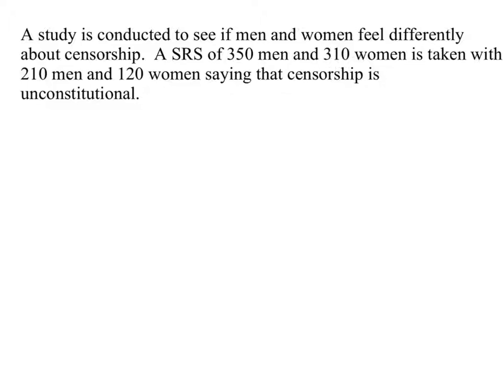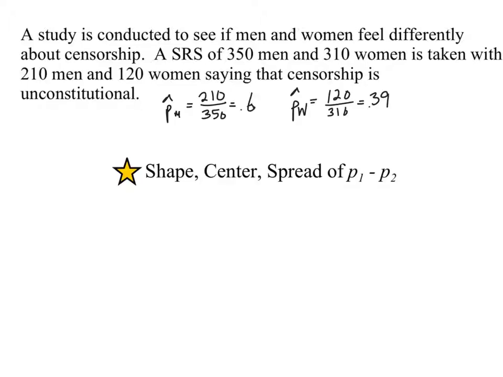Now, before we get going too much, I want to talk about how these things would be distributed, what they would look like. Here you can see I quickly calculated my two p-hats: my p-hat for men, my p-hat for women. I imagine my distribution for the difference in proportions, because remember, this is just a sample, and we're going to try and build a confidence interval in the end.